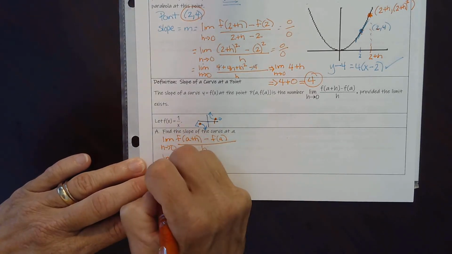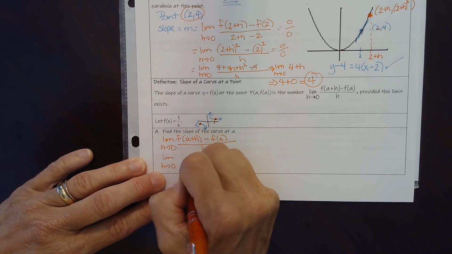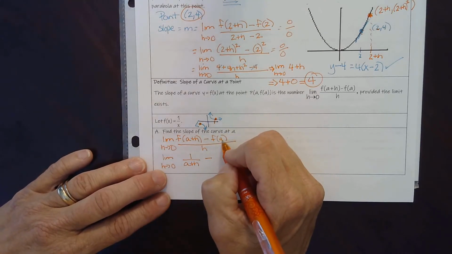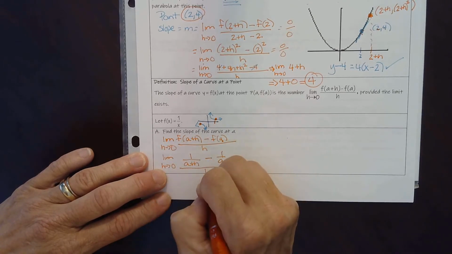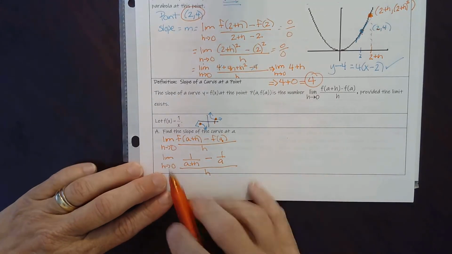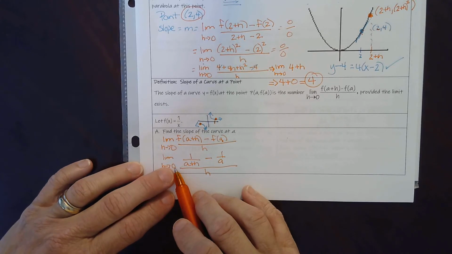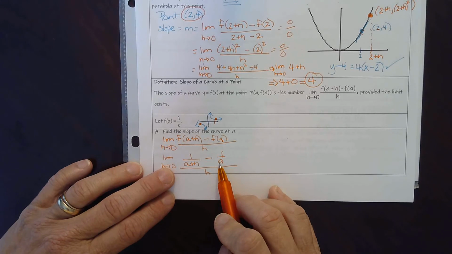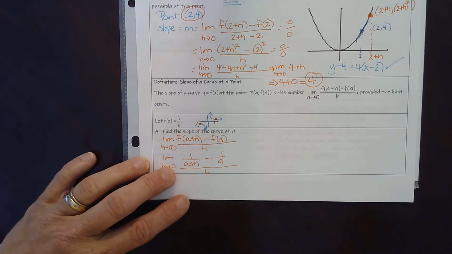So the limit as h approaches 0 of 1 over a plus h minus, evaluating the function f at a, 1 over a, all divided by h. I've got some cleaning up to do, because if I substitute 0 here, that gives me 1 over a minus 1 over a, which is 0 over 0, so I have to do more work to be able to find the limit.